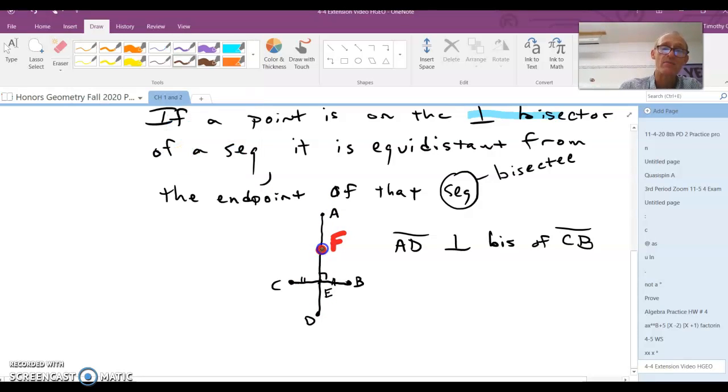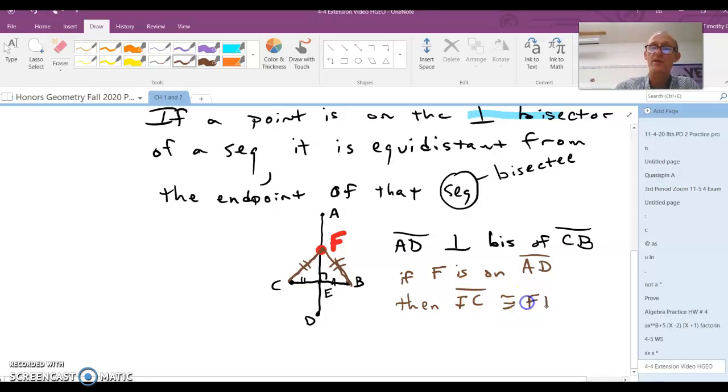What that means is if I pick a point F and I draw that point to C and draw that point to B, that means that these two segments are congruent. So if F is on AD, then FC is congruent to FB.